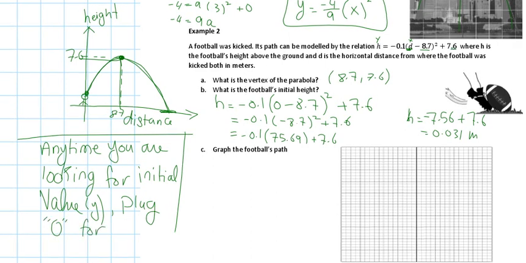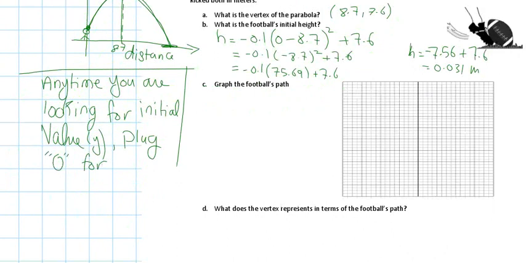So in this case, x is your distance. Okay? So anytime you're looking for an initial value, you're going to plug in 0 for x or whatever replaces x. Does that make sense to you guys?